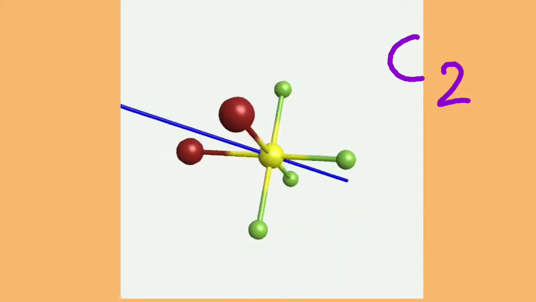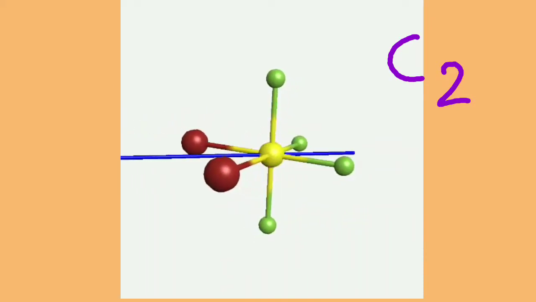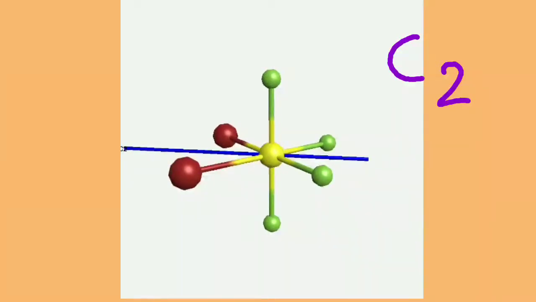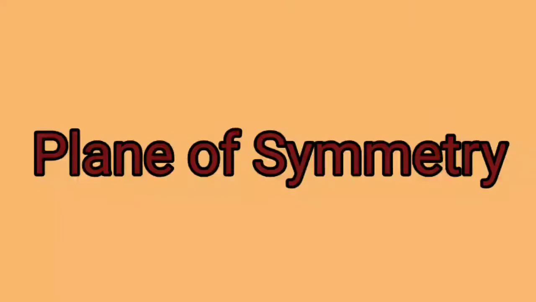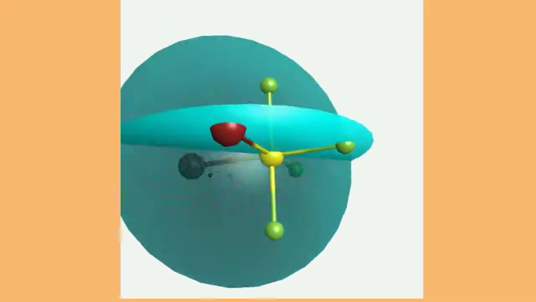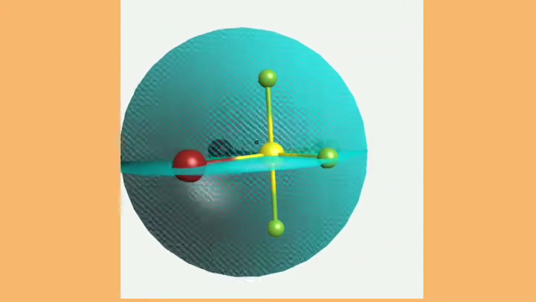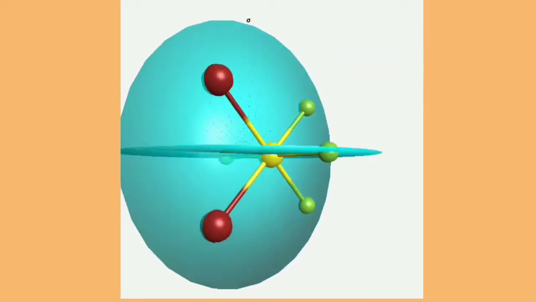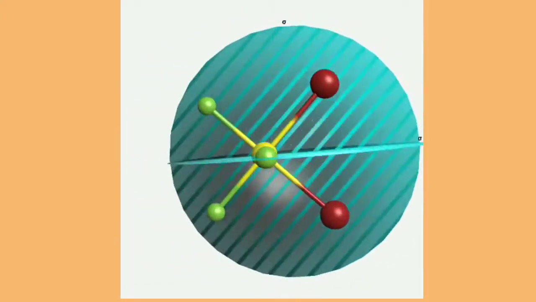You can see the C2 axis is passing between both B and through the metal also. Now I will check the sigma plane also, meaning plane of symmetry. If any molecule has a plane of symmetry, it will not show optical isomerism. So this is the plane. You can check that this molecule has two symmetry planes which are perpendicular to each other. You can see one by one.